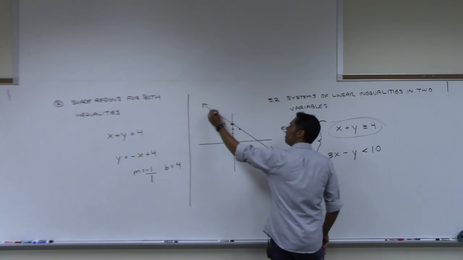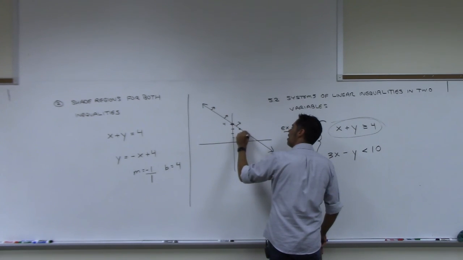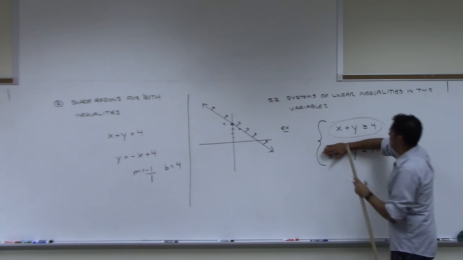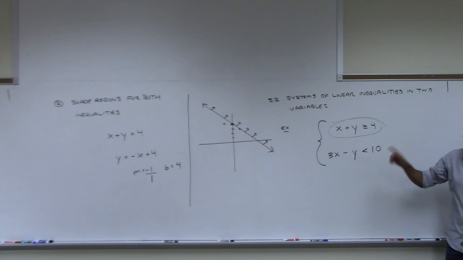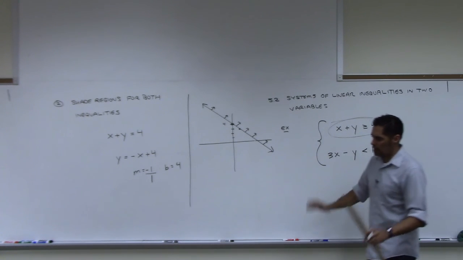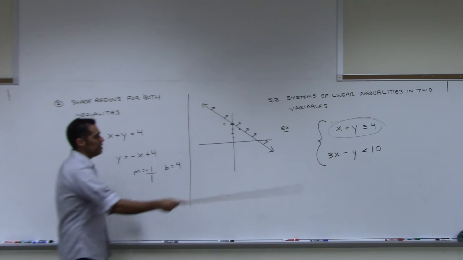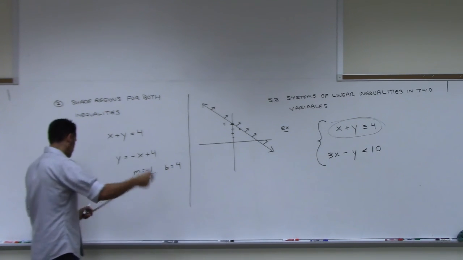And so for this one, I'm going to draw my arrows like this. Notice I'm not shading. If you just have one equation, then shade. But now that we're going to have more than one, the arrows I think are easier to work with, but you got to make your own decisions on that. All right, I've got this one there, don't I? All right, let's do the other one now.